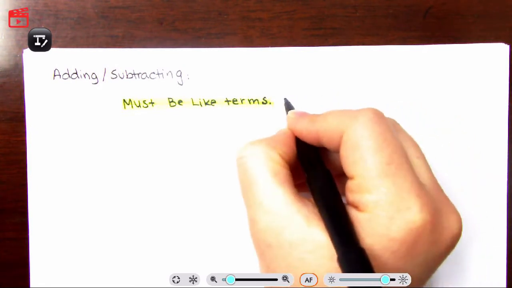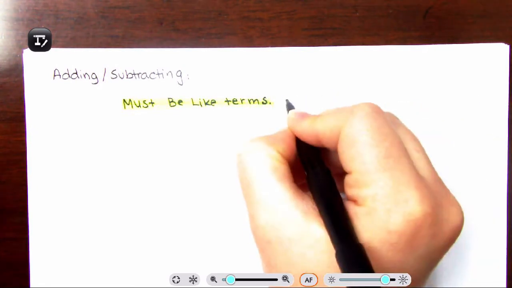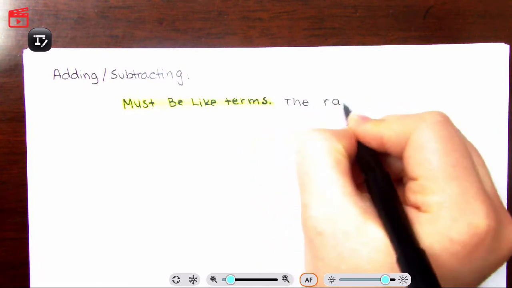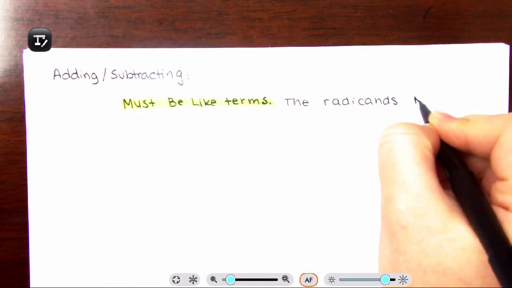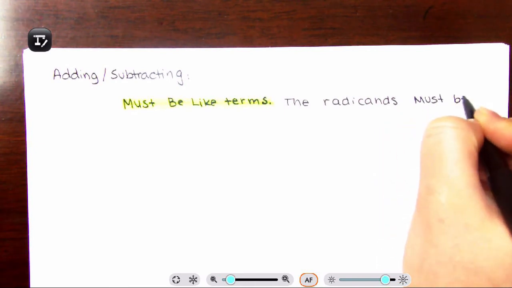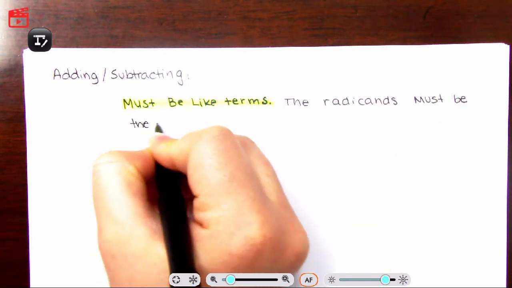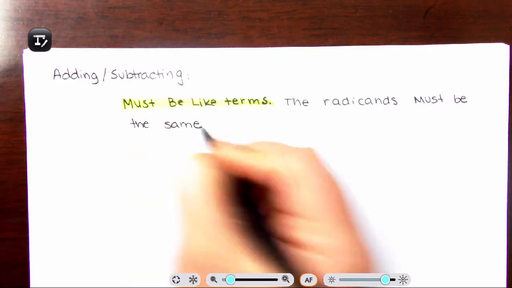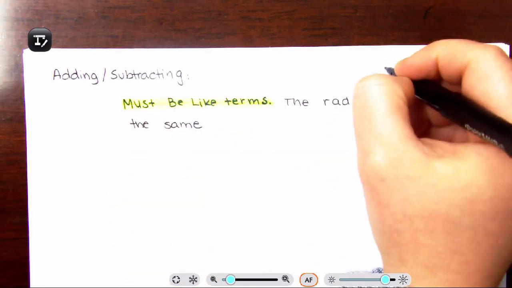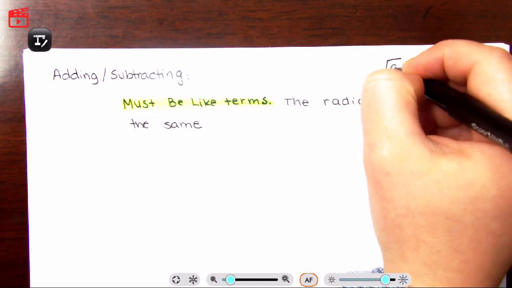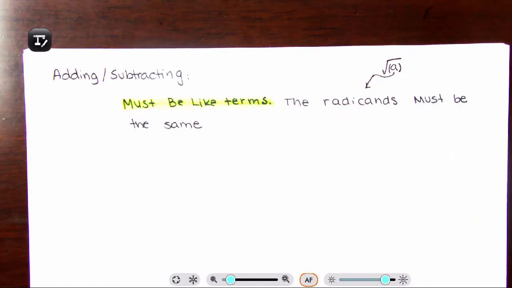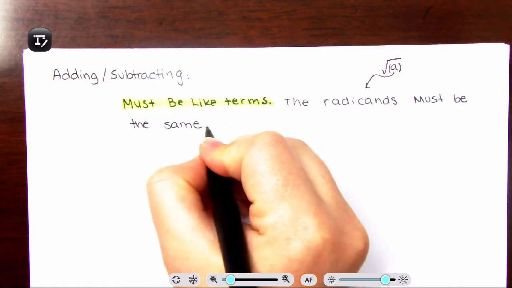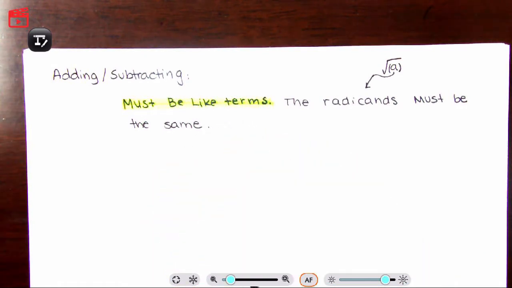So the radicands must be the same. And the radicand, that is what is on the inside. And the root also has to be the same.